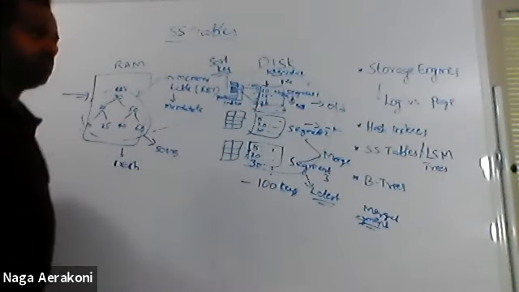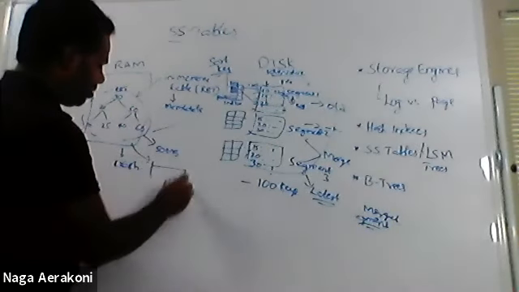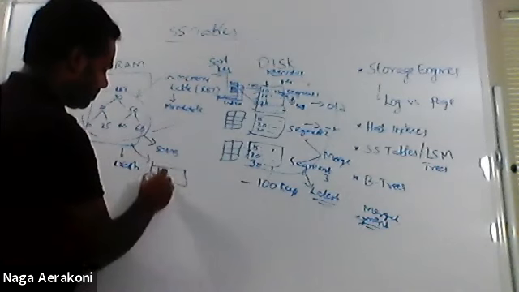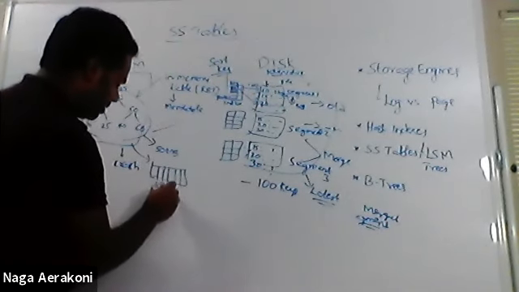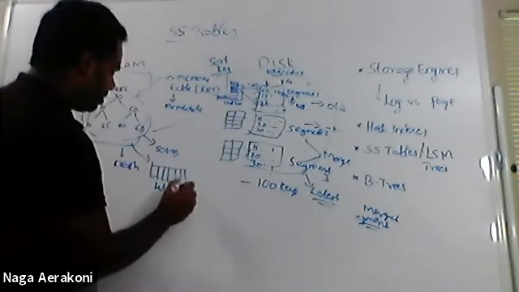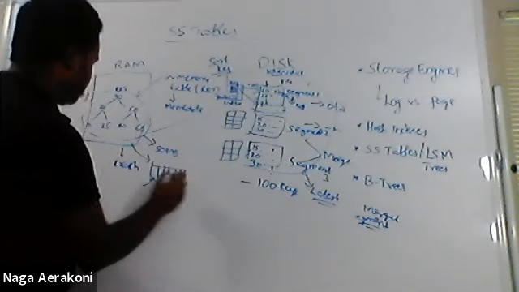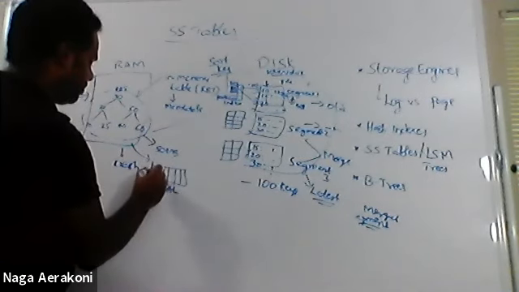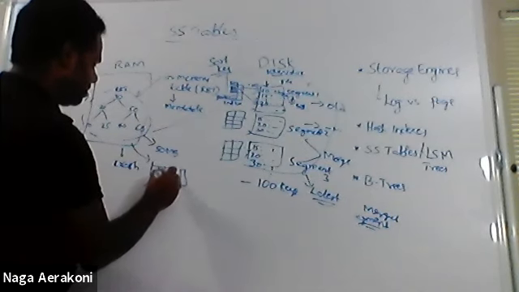To overcome this, it uses a similar write-ahead log concept. This write-ahead log just stores the keys in append-only order. So I can just store first 50 and then 30 and then 60.